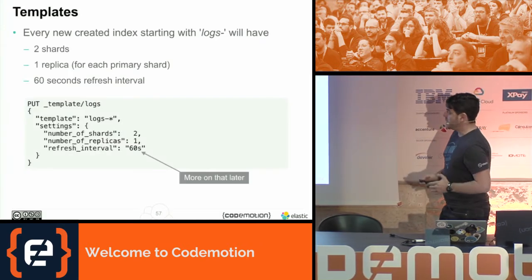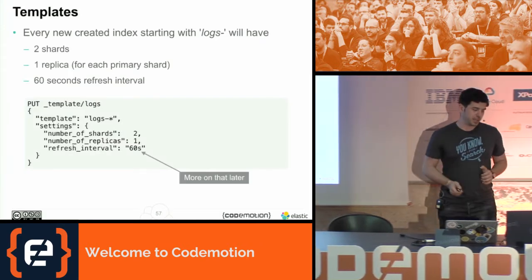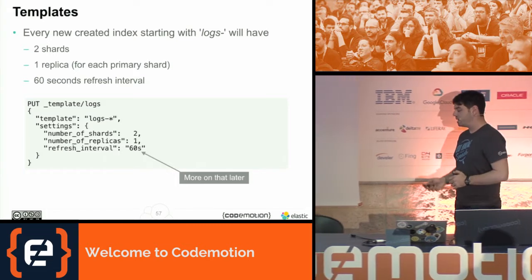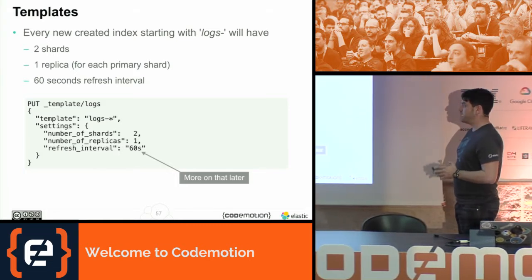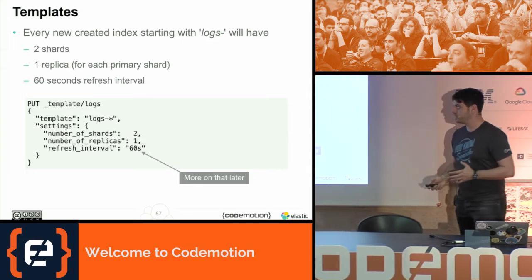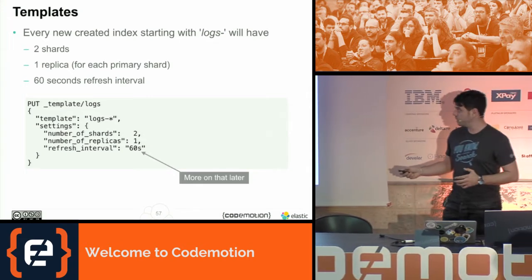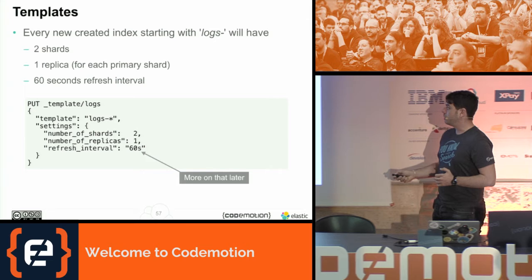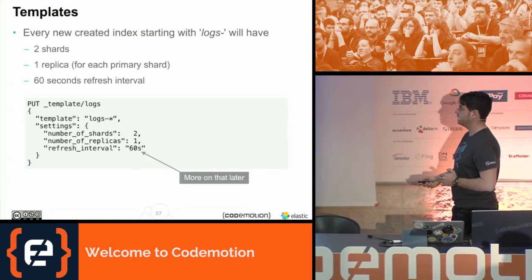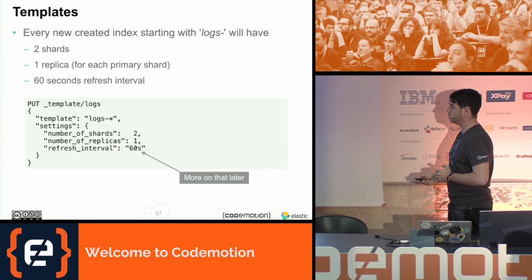How do we drive the behavior of index creation? Elasticsearch index templates are the feature you want to look at. Templates basically drive the behavior that is followed when an index is created. In this example, for all the indices named Logstash something, we apply these rules. These are index settings that will get applied to each index.